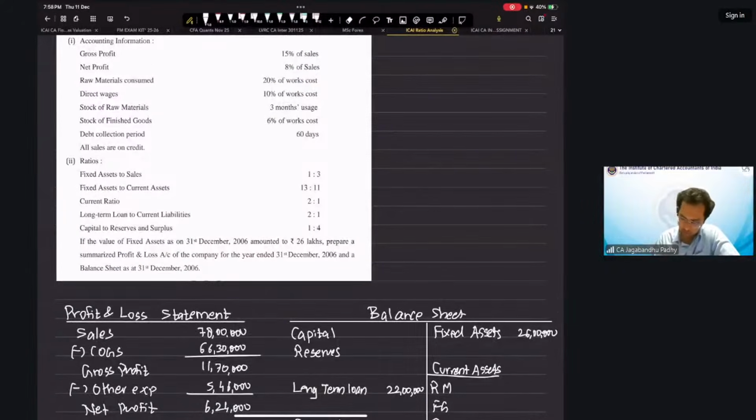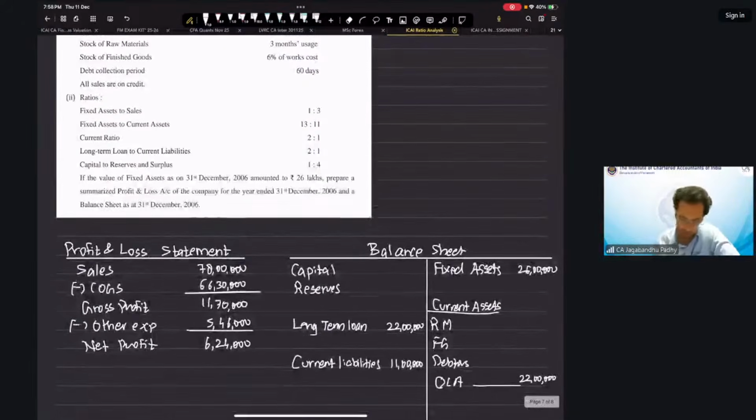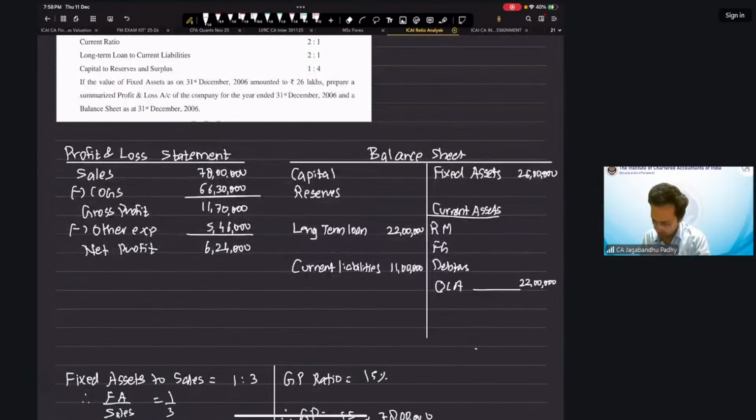Okay, long-term loan to current liability is used. Then the capital to reserves and surplus is to be calculated. Of course, we can say the balance sheet tallies at 48 lakh.